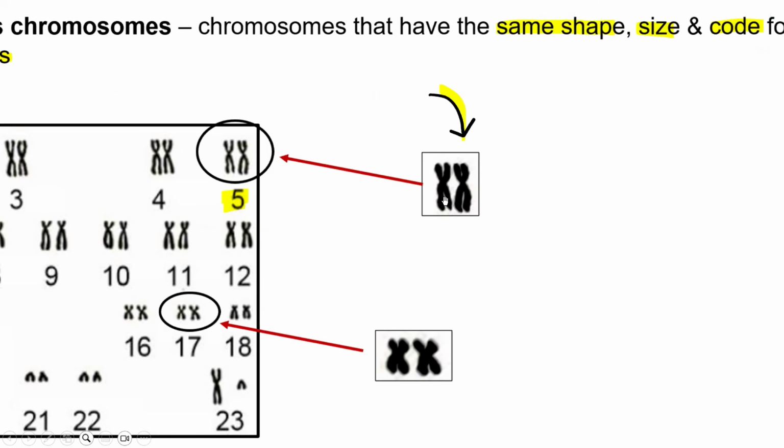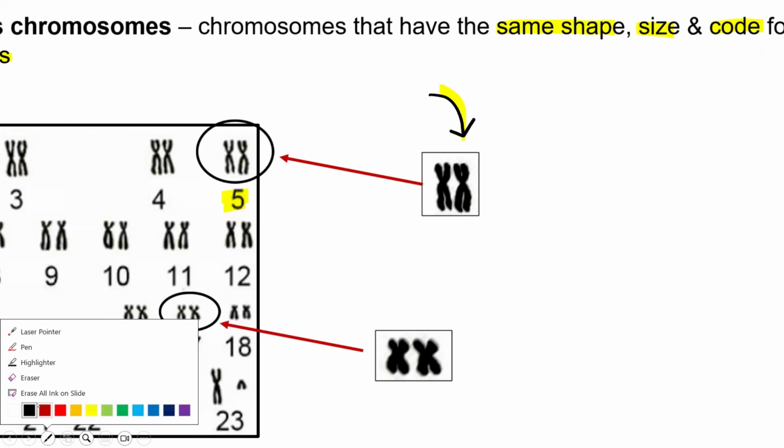I've already told you that one chromosome is from your mother, the other one is from your father. So as they are arranged in a pair like this, one chromosome is from your father's sperm cell, and the other one is from your mother's ovum, or egg cell. So basically they must be able to code for the same characteristics.